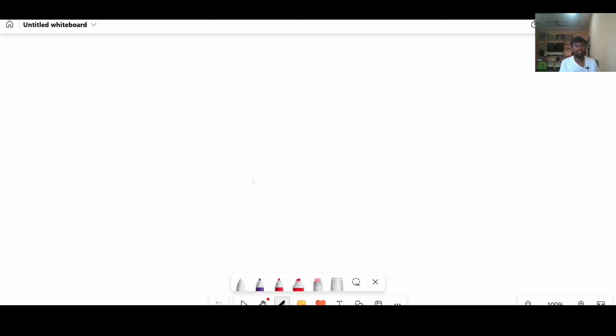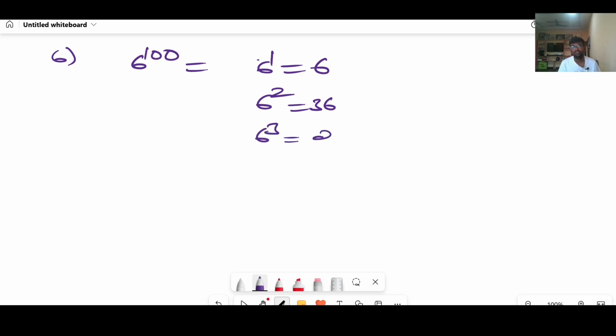Now, sixth question. What digit would occupy the units place of the resulting number of 6 power 100? Now, we will check 6 power 1 as 6, 6 power 2 as 36, 6 power 3 as 216.